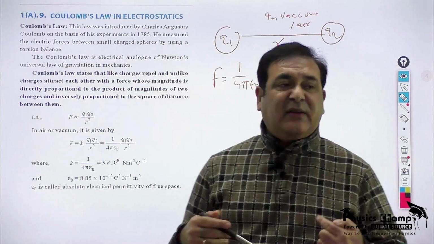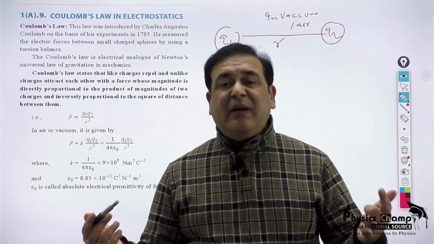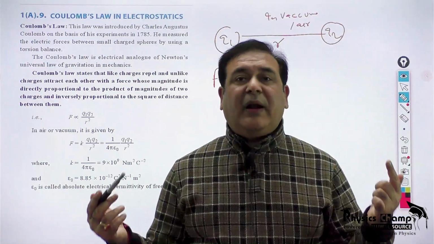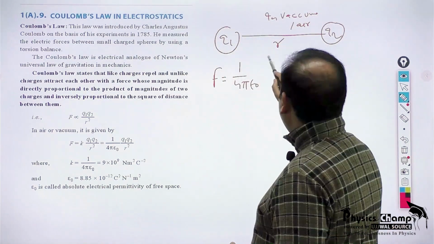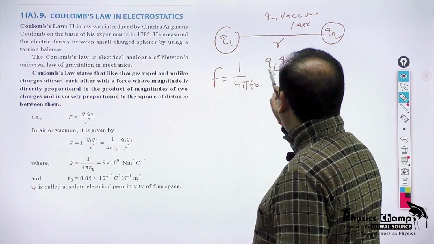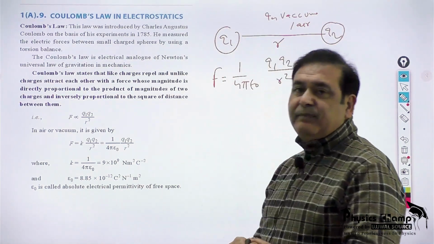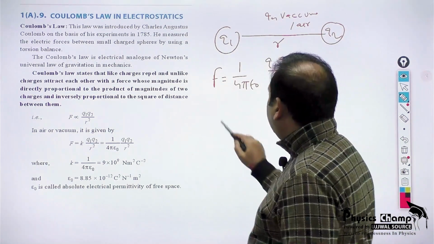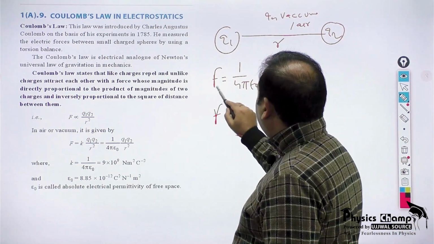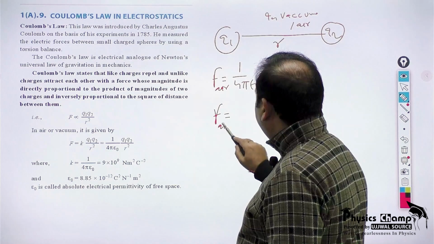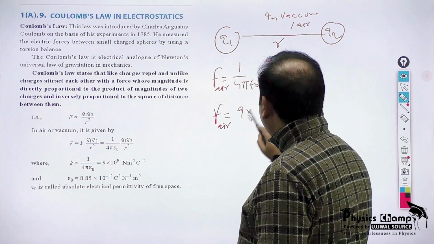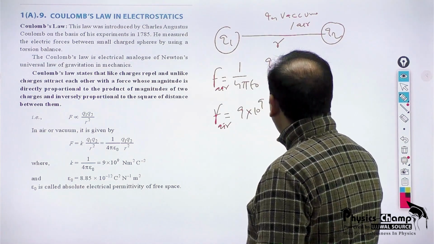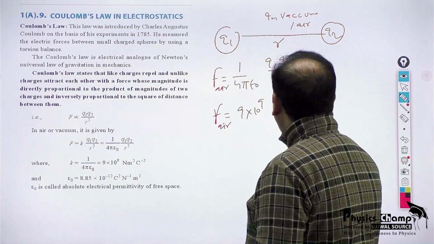Permittivity tells the extent to which the medium permits electric field or electric force. In value, this force in air or vacuum can be written as 9 into 10 to the power 9 q1 q2 by r square.